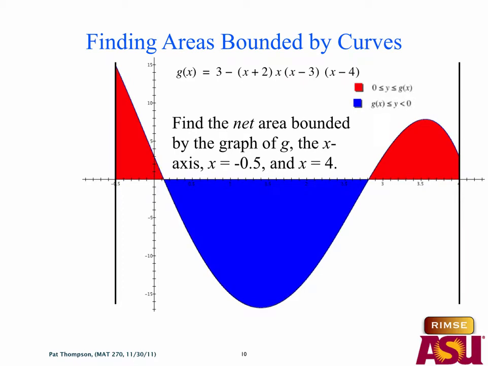The x-axis is another bound, and then the curve itself is the other bound. And so that captures 3 different areas. And so why on earth did I say the net area?